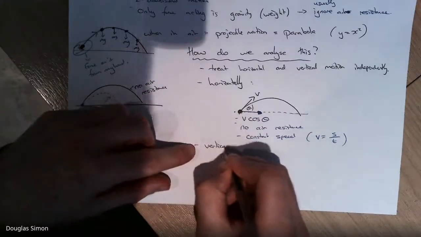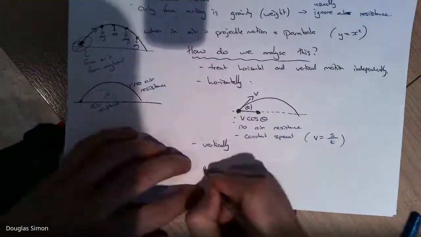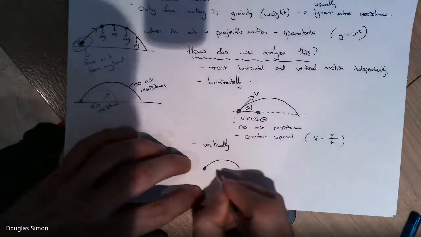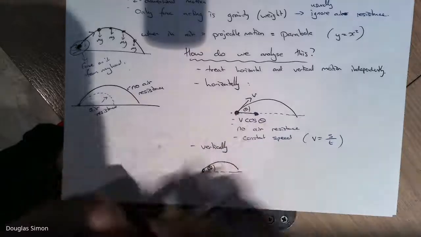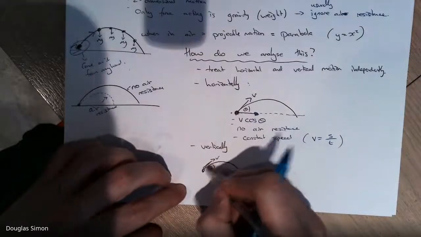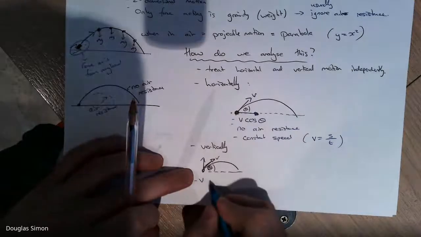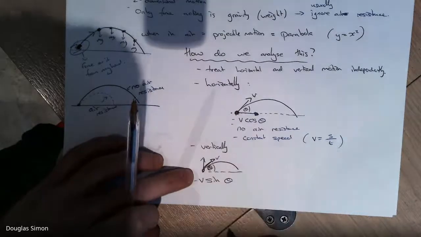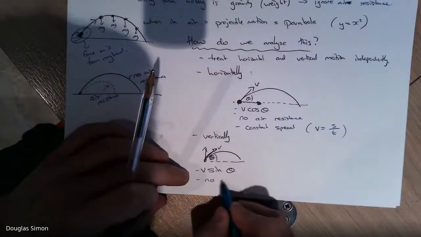Vertically, what is happening? Well, it's traveling upwards with a velocity of v sine theta. Again, there's no air resistance.